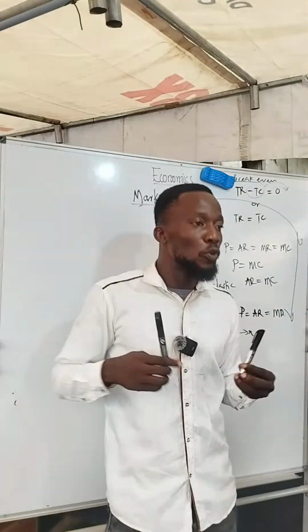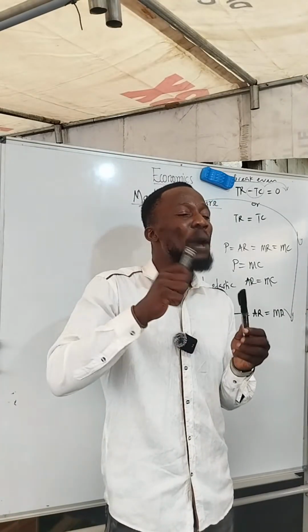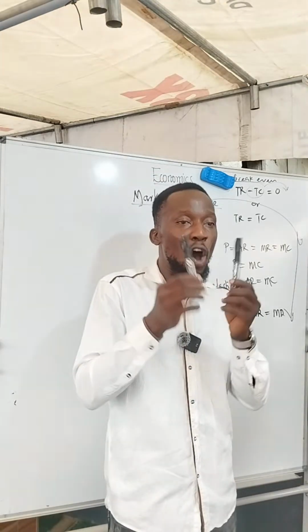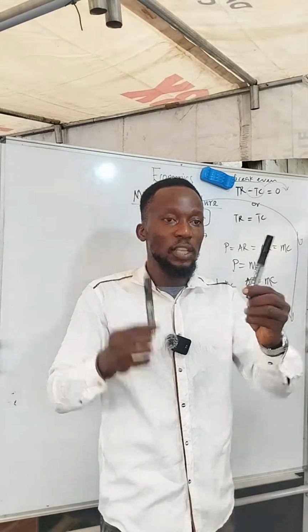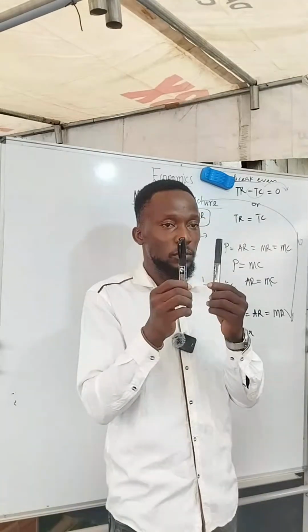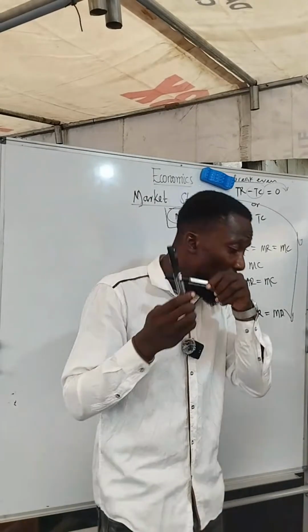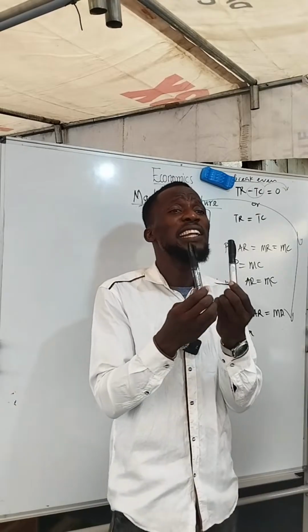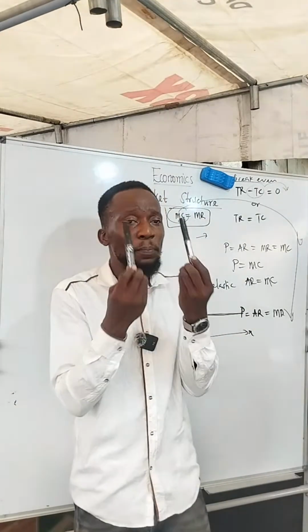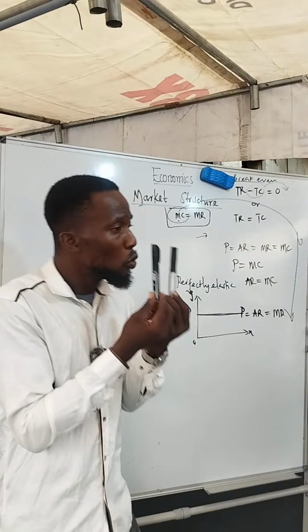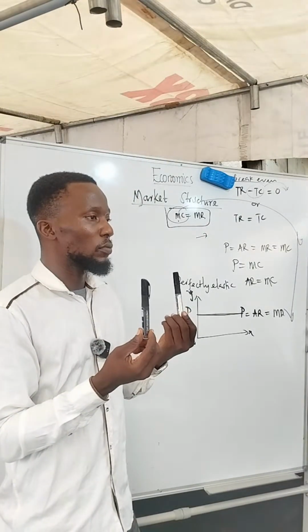Let us say I am a producer of markers. The amount of money that I spend on producing one of these markers is 250. That is my average cost.